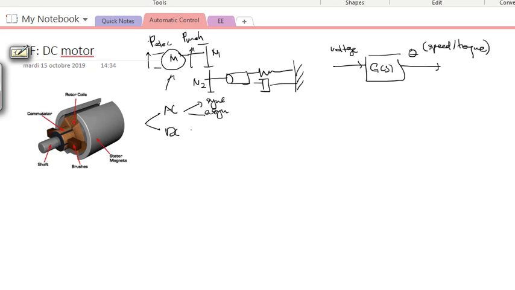And then there is the DC motor, which can be divided into two as well: brush DC motor and brushless DC motor. The simplest form of electrical motor is the brush DC motor. So in this example, and even in this course, the case that we're going to treat is a mechanical drivetrain actuated by a DC brush motor.